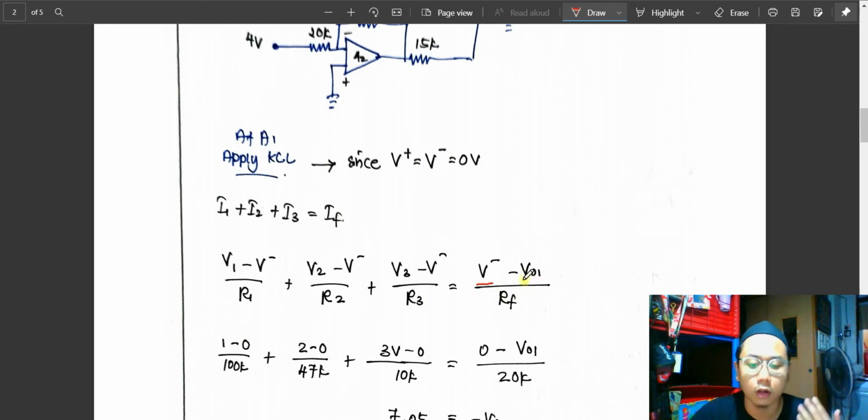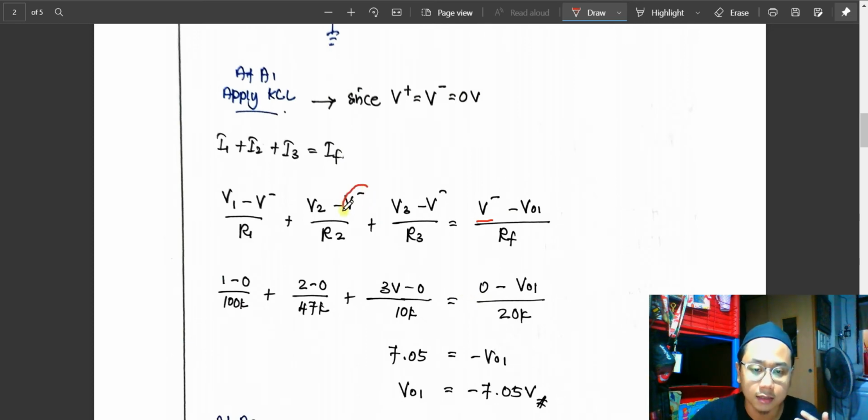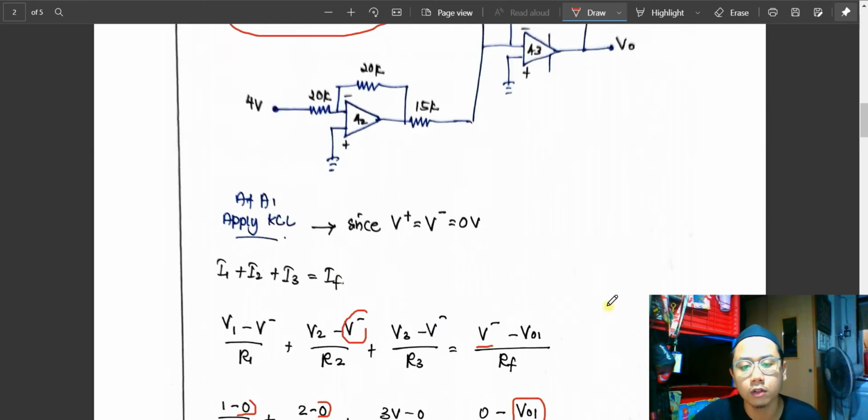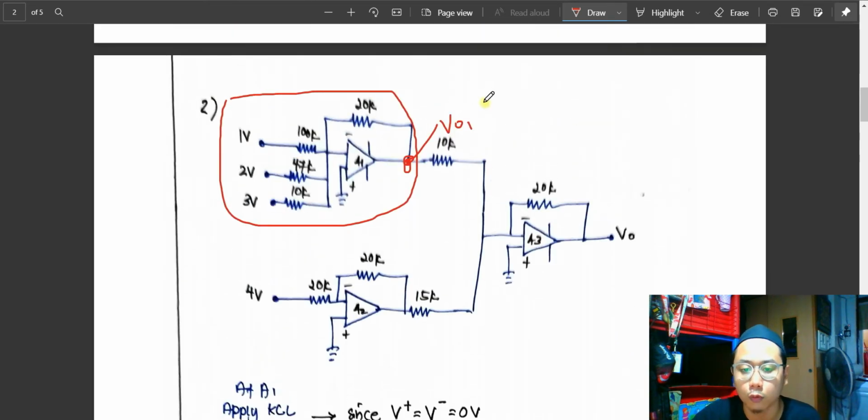After we substitute all the values, where V minus is 0, the only value we need to find is V out 1. By using the mathematical method, we find V out 1 is equal to negative 7.05 volts.